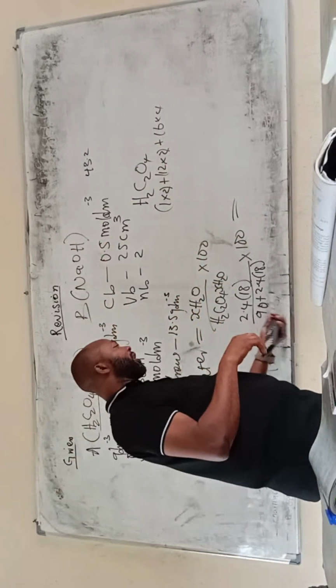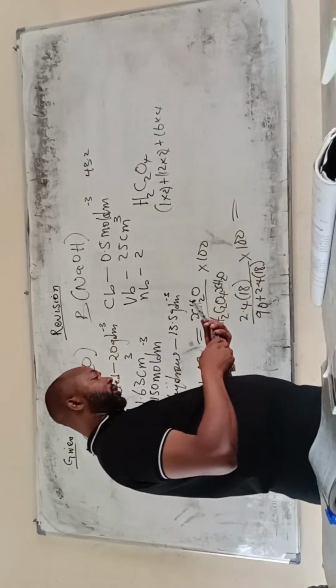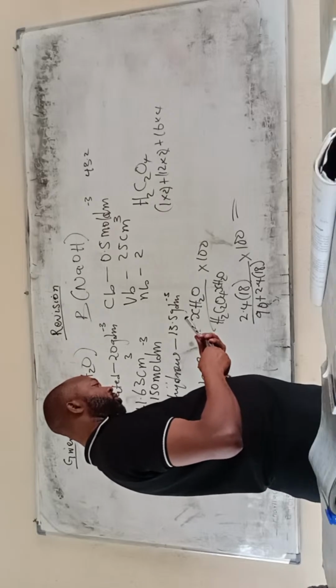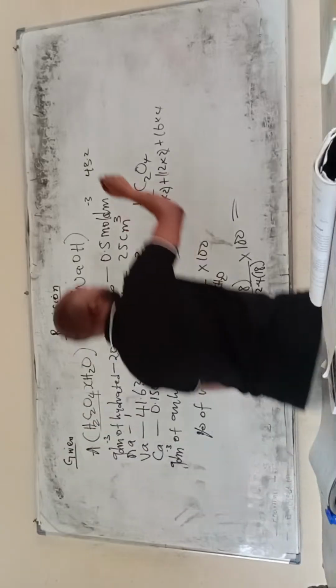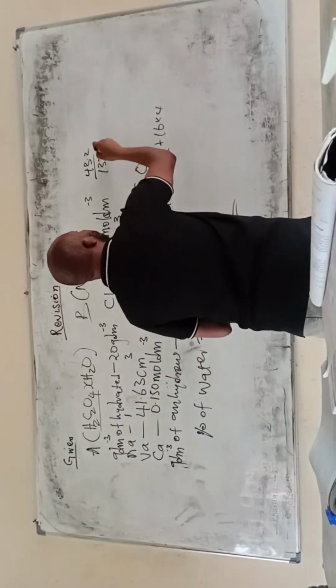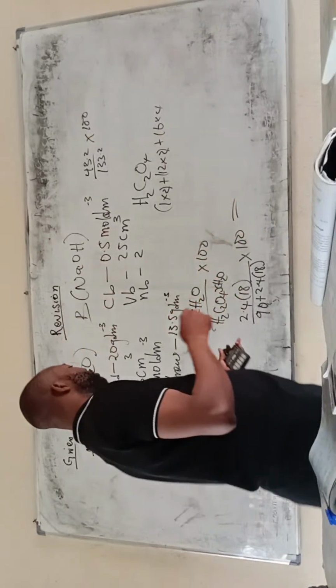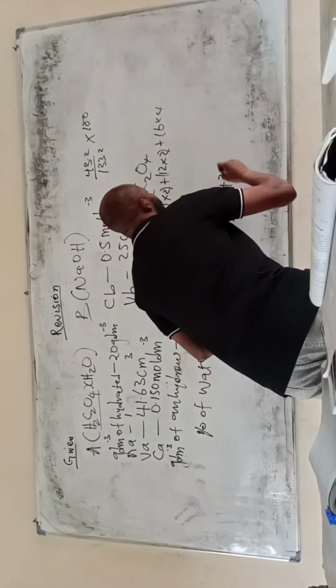Okay, 43.2 plus 90 first is 133.2. 133.2 times 100. Now, if we come back here, we have this times this give us 43.2.